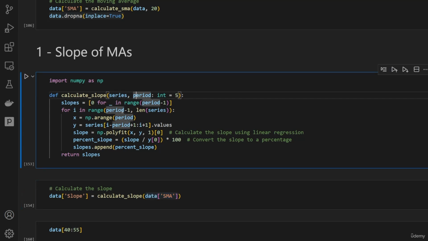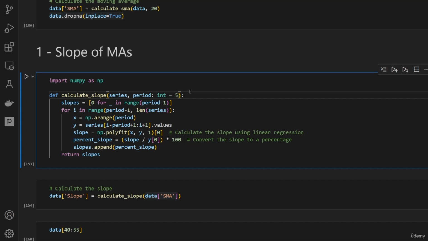And within the function, we're going to need a slice of time or a slice of candles. This is where we're going to compute the slope. For example, here I'm taking period equal to 5 by default, which means that we're going to have a window of 5 candles every time. And within this window, we're going to fit the moving average of these 5 candles into a slope.